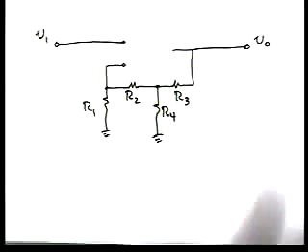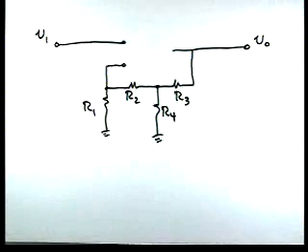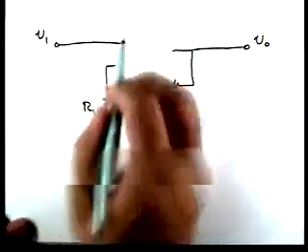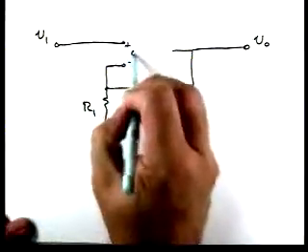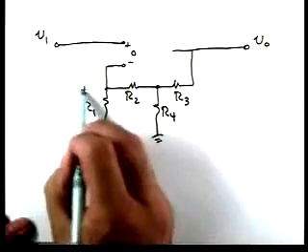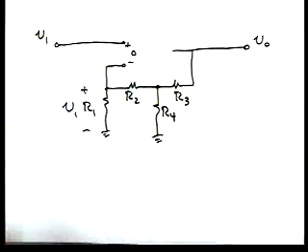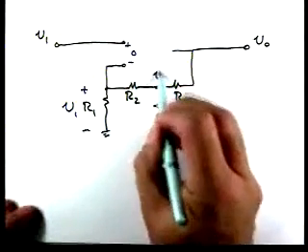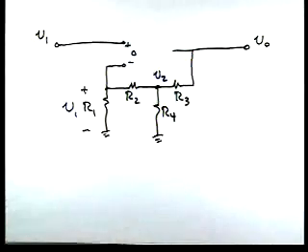So here's our circuit redrawn with our ideal op-amp model inserted. Since the voltage here is 0, the voltage across this resistor is V1, and I'm going to define this node voltage as V2.